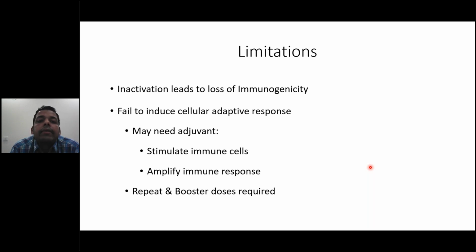As a result, we may need an adjuvant which stimulates the immune cells and amplifies the immune response. And also, these may need repeat and booster doses. So as we saw in the 3 examples of the vaccines, they all are using adjuvants and they all have 2 dose schedules, and boosters may be required in future.